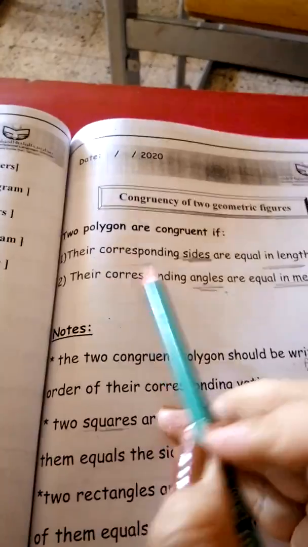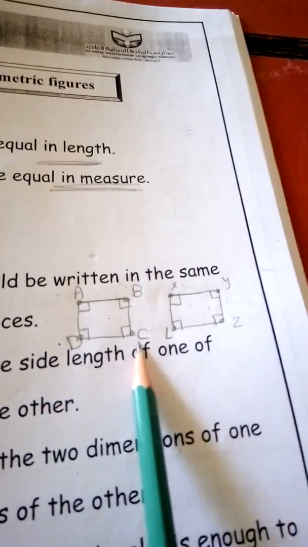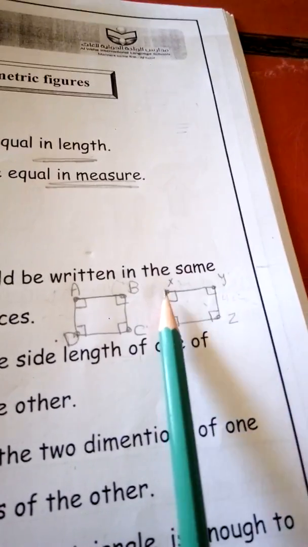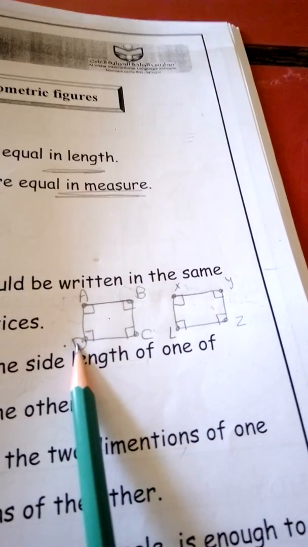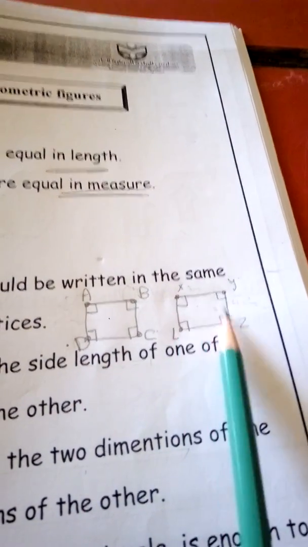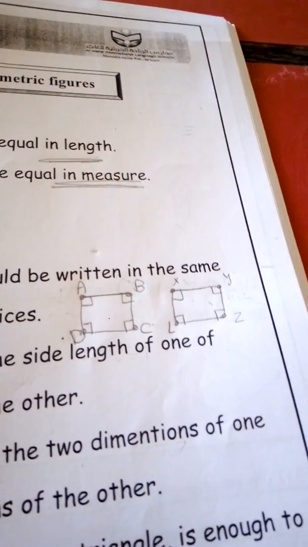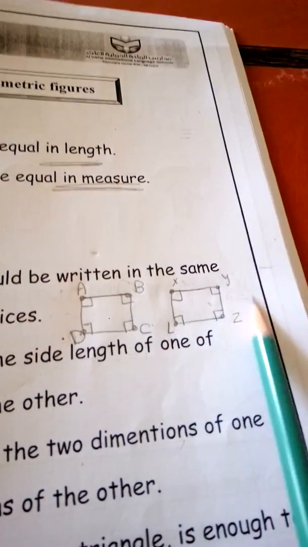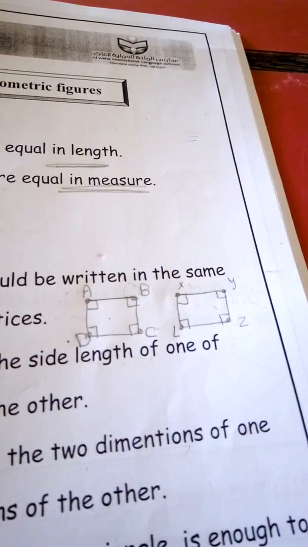طب what's the meaning of corresponding? I can explain this. For example, I have two squares A, B, C, D and X, Y, Z, L. ما اقدرش اقول مثلا A, C, B, D او X, Z, Y, L. I should write البوليجون by order، يعني start X, Y, Z, L أو X, L, Z, Y as you like.